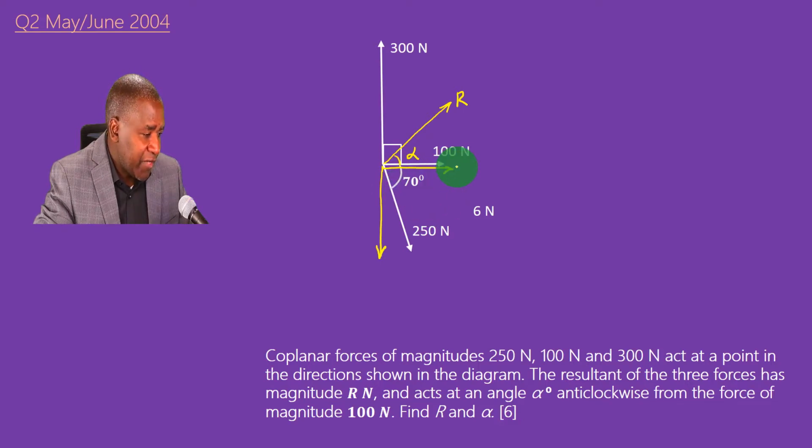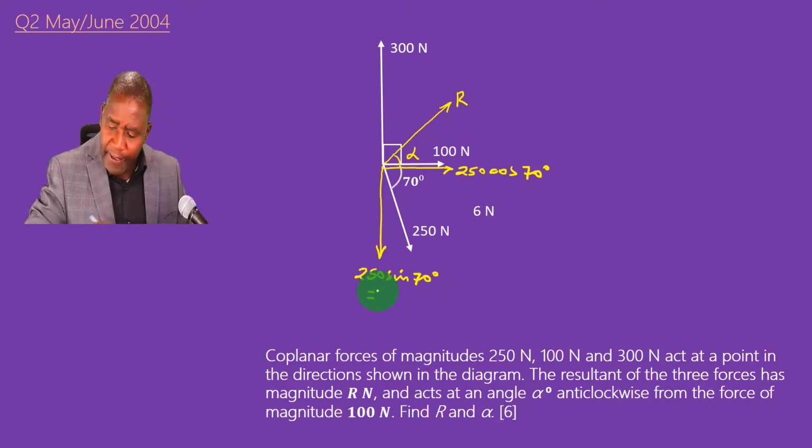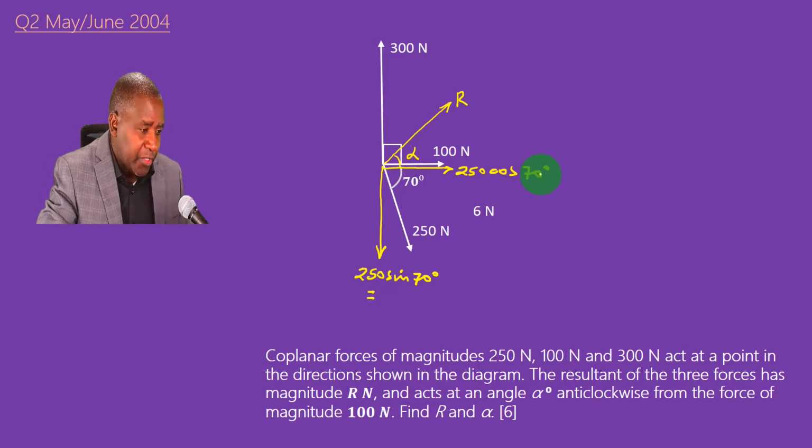And because this is 70, this one will be 250 cos 70. Of course, this one will be 250 sine 70. Let's see what that gives us. So we've got 250 times the cosine of 70, 85.5.